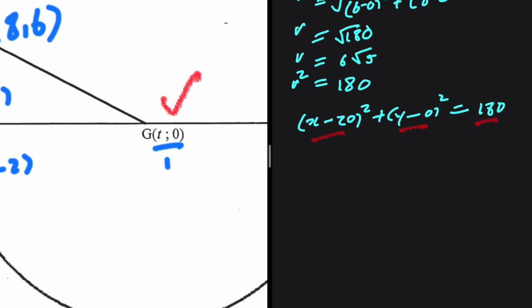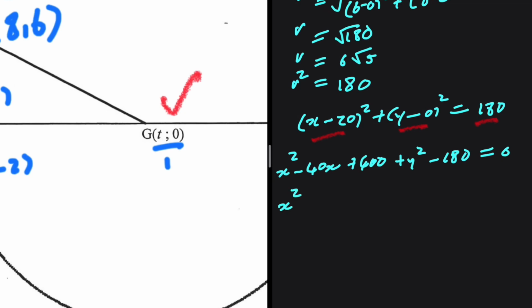Then we're going to have the equation of our circle in the form we are required to have it in. That is going to be x squared, x multiplied by minus 20, you multiply that by 2, you get minus 40x. Minus 20 multiplied by minus 20, that is plus 400. And then plus y squared. You take 180 to the other side, we have minus 180 being equal to 0.